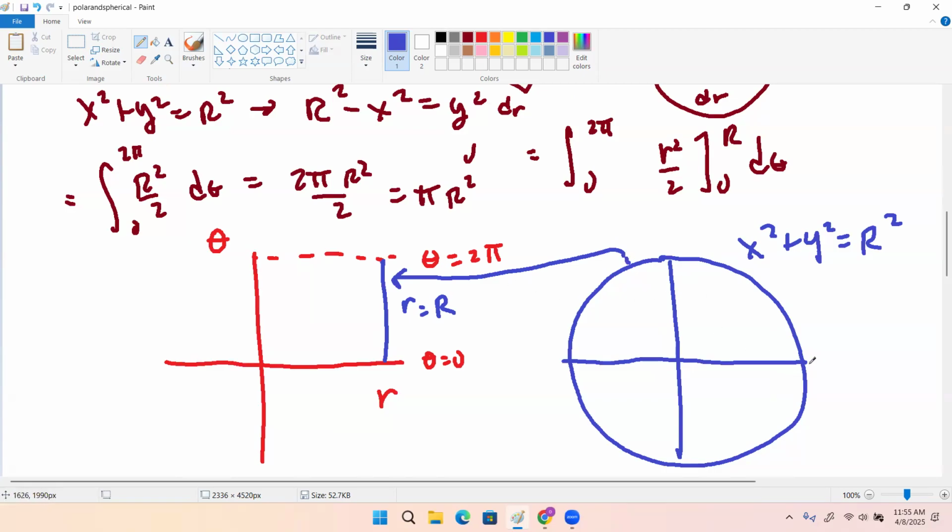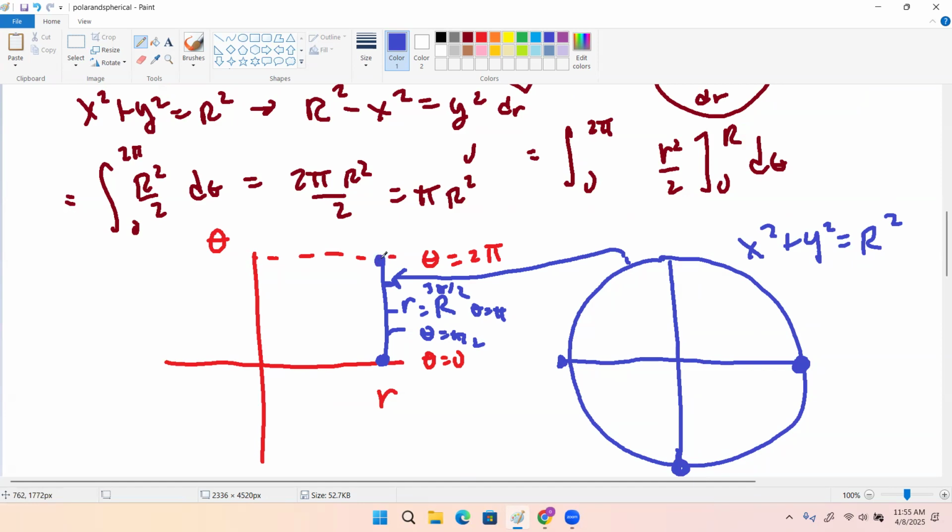So this blue thing right here starts with theta equals 0, goes to theta equals pi over 2, to theta equals pi, and so forth, 3 pi over 2, right here, finally to 2 pi.